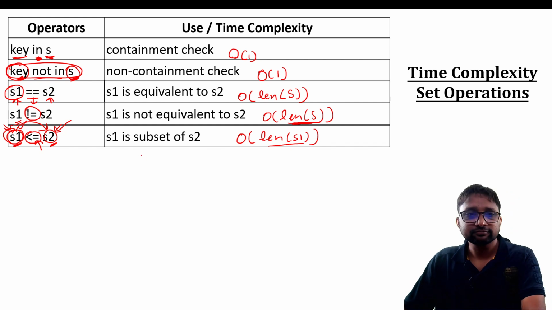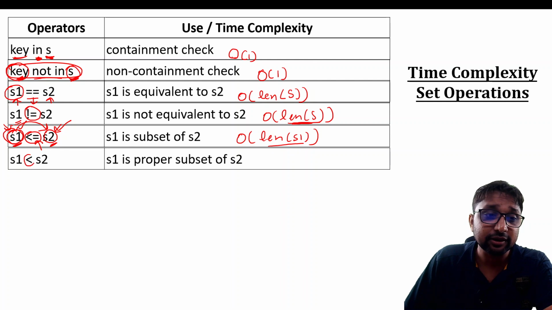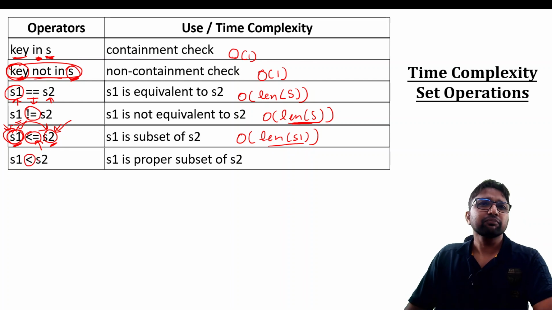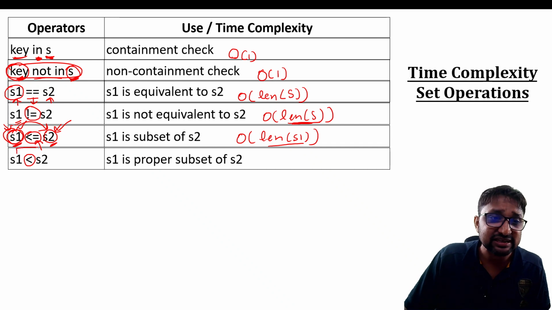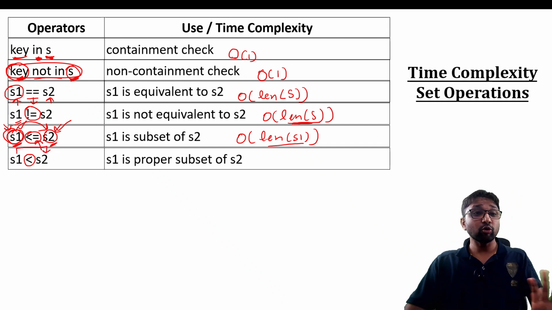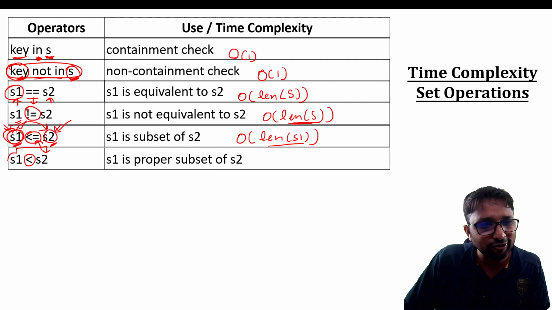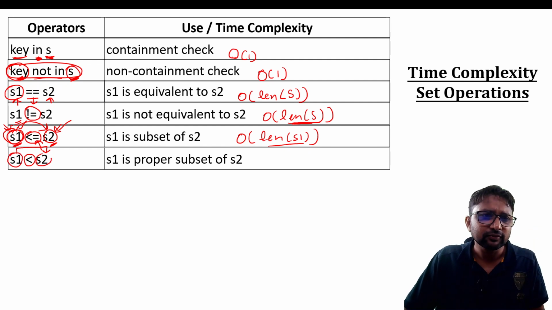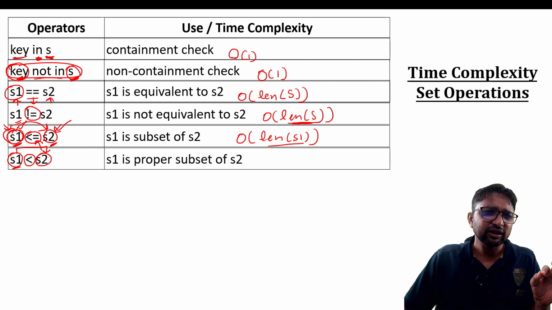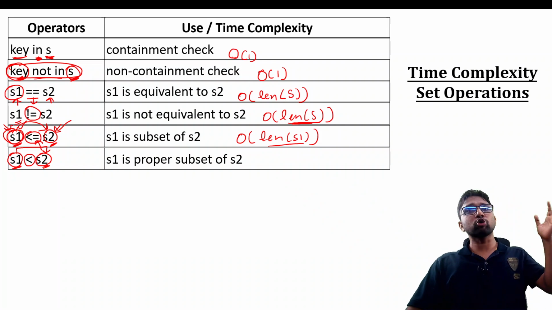Another operation which we perform is the proper subset. In a proper subset, one thing is confirmed: the length of S1 will be less than the length of S2. Then only S1 can be a proper subset of S2. Second, all the elements of S1 should be present in S2.